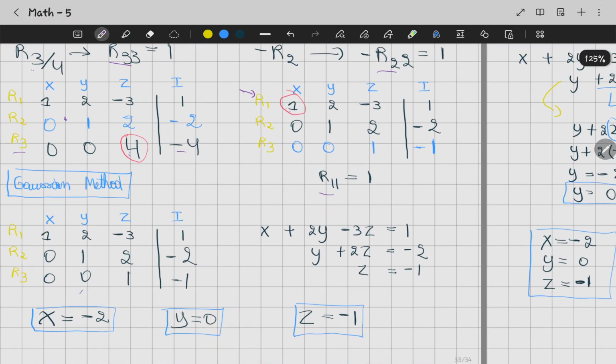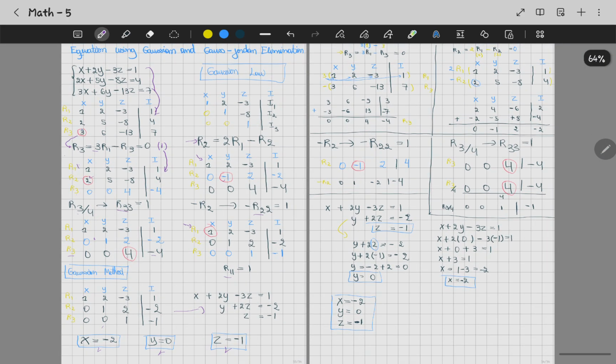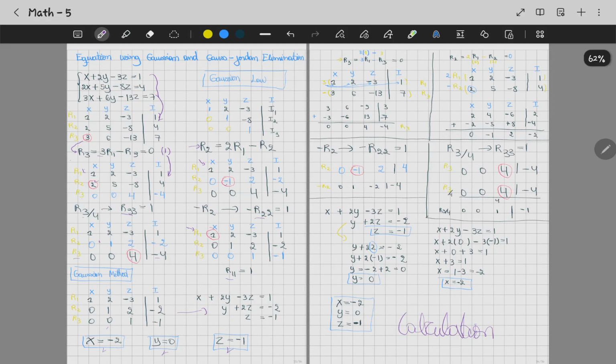This is what we had as the final answer, represented in equation form, so we can solve for the unknowns using Gaussian. This side is only calculation, where we have done all the calculations and corrected a few mistakes. Now we're going to move into the Gaussian elimination method.